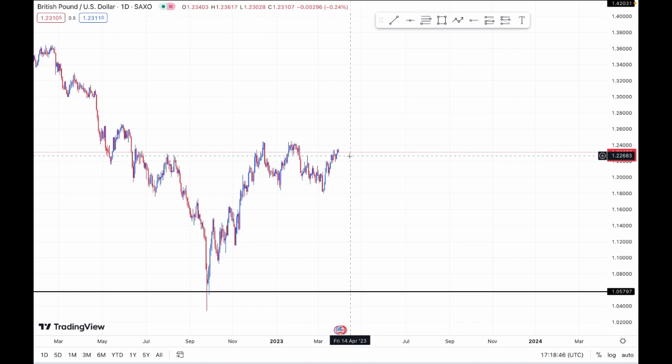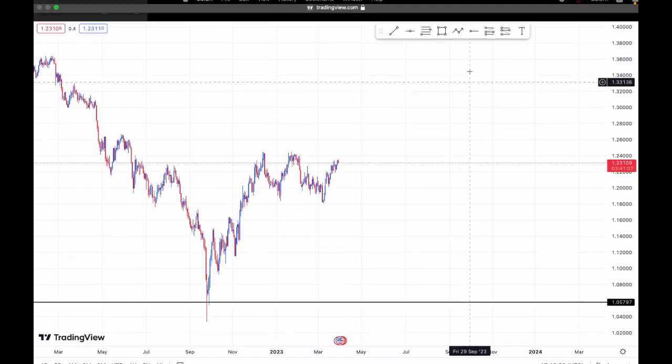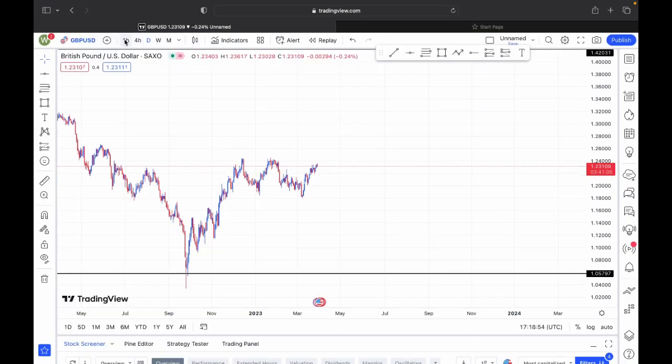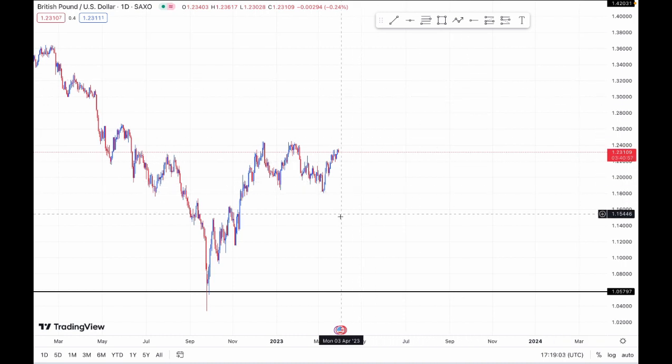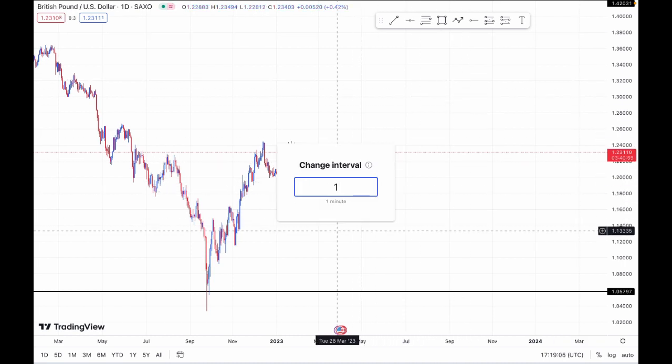But yeah, let me cover time frames now, right? So time frames are basically these things. 1 hour, 4 hour, daily, weekly, monthly. And what are those things? The 1 month time frame, as you can see here, it says 1 month.